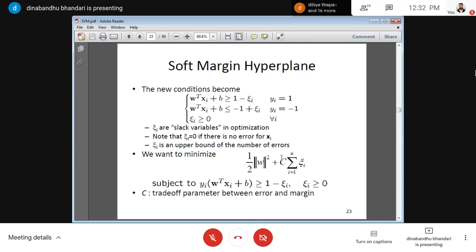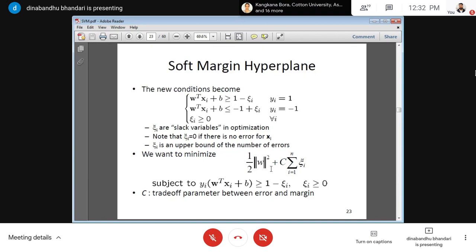You increase C means xi has to be small, you do not want to be very flexible. You reduce the value of C means you are quite flexible. So this is the controlling parameter, capital C, the trade-off parameter. You increase C, you do not want to allow many errors. You decrease C, you are ready to allow, you are very flexible. So that's how we do it.